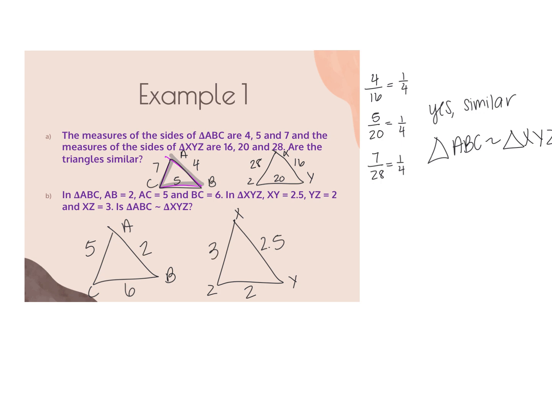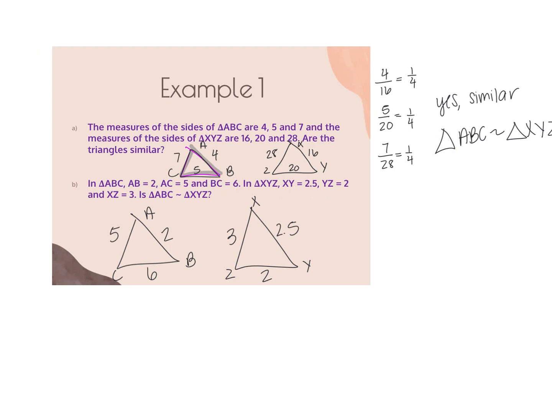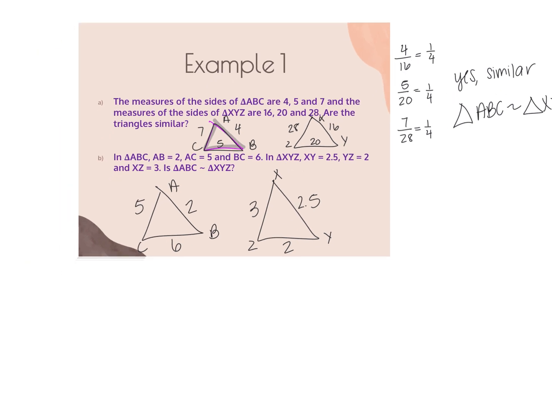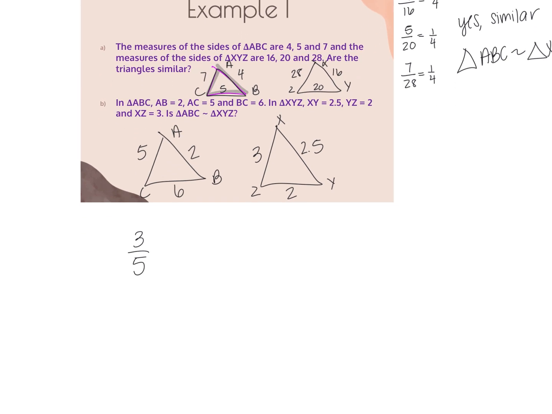Are they similar triangles? Same thing as we did before, set them up as proportions. I'm going to have 3 over 5, 2 over 6, and 2.5 over 2. Can I simplify 3 over 5? No, I'm just going to keep it that way.